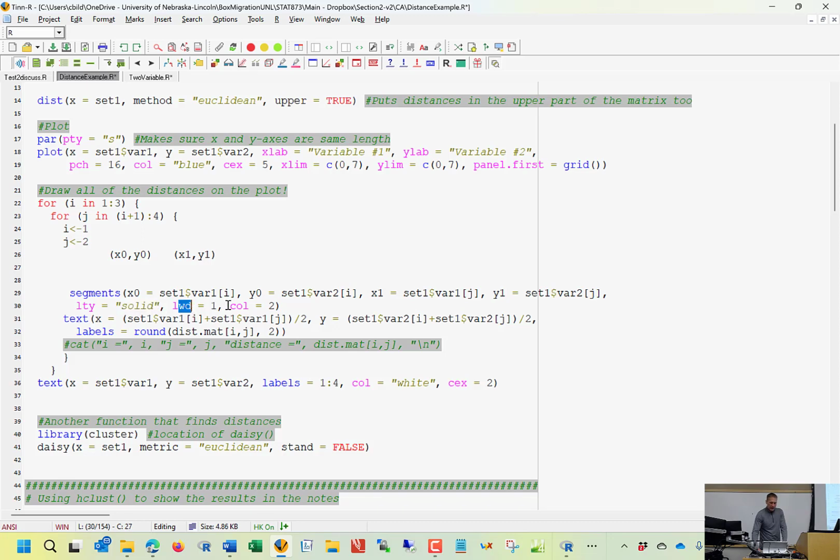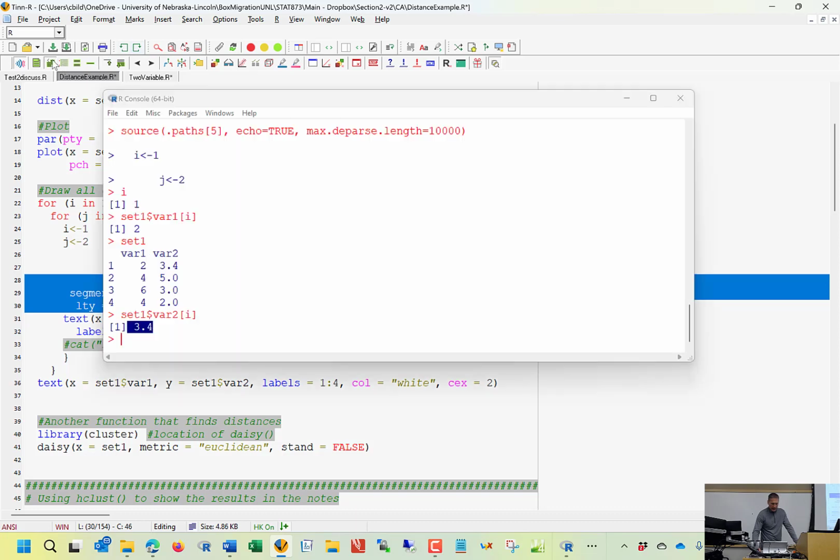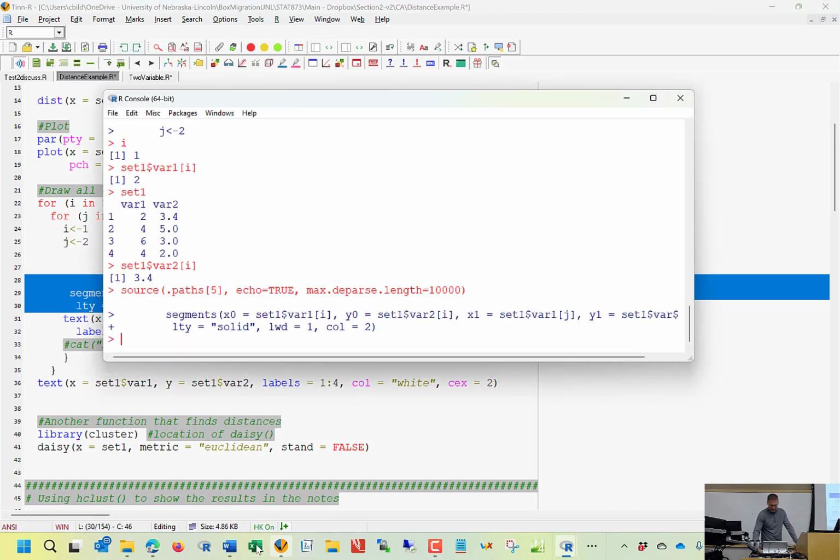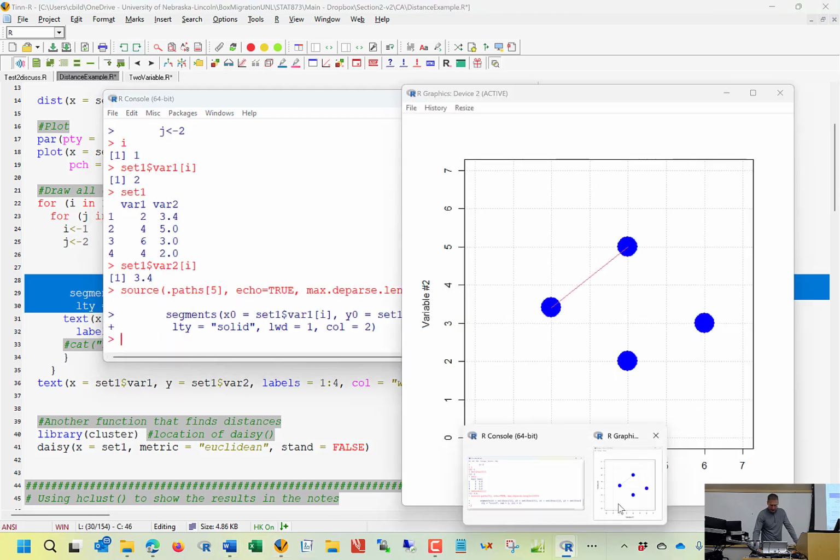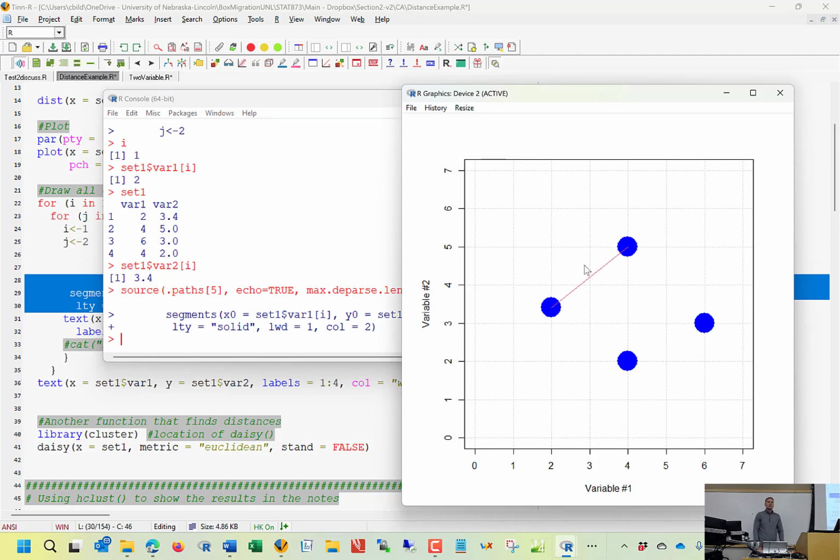It's going to have a color of 2, which R translates into red. And the line width is just 1, meaning it's just the default. I didn't actually need to put that. So if I run this segment of code, what you're going to see on the plot is the red line. It took the 2 points in our two-dimensional space and drew a line between them.